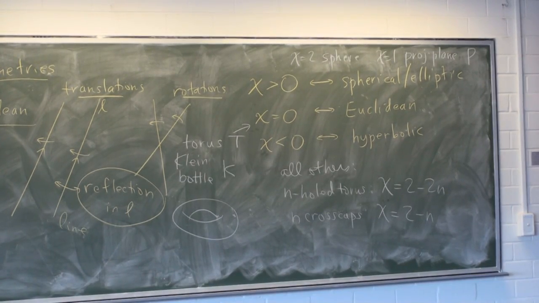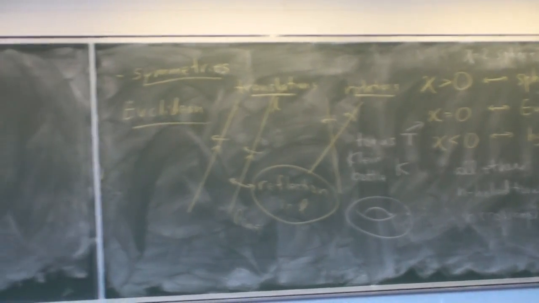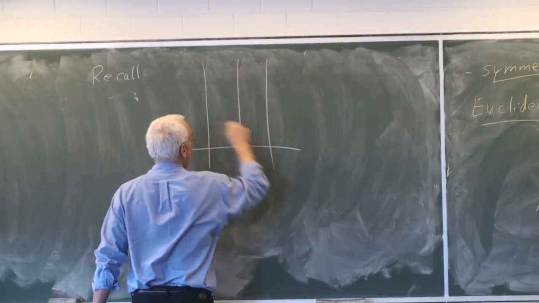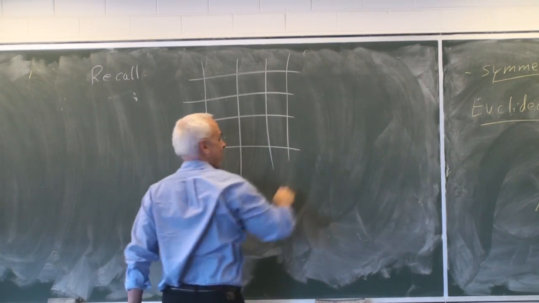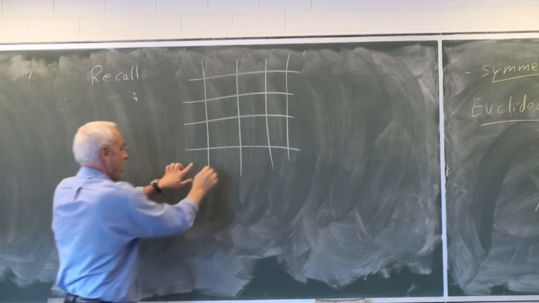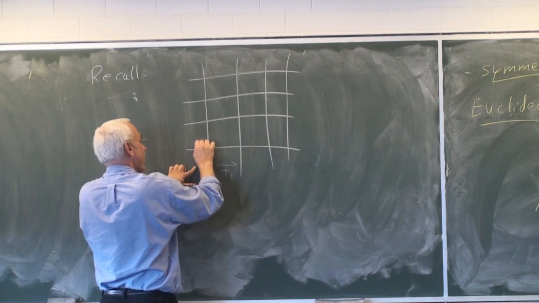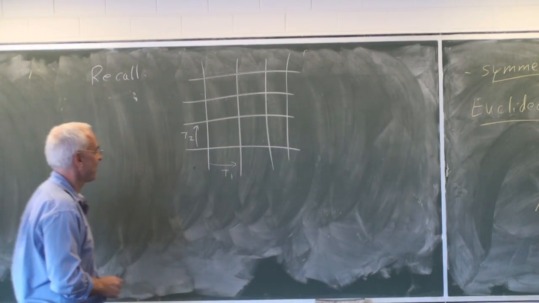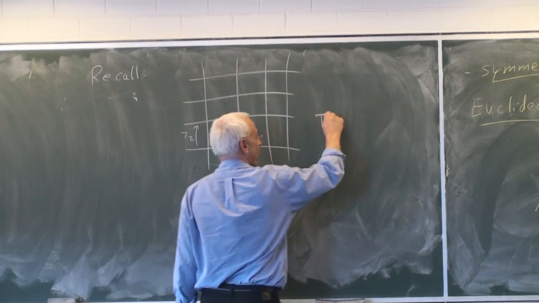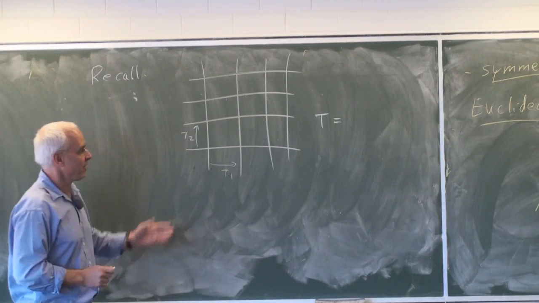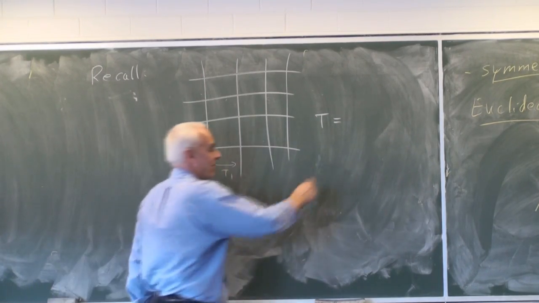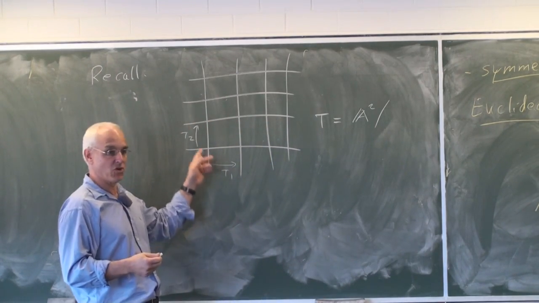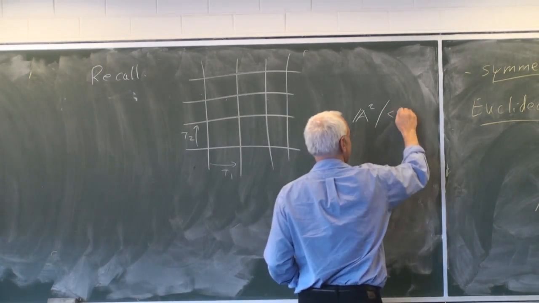So recall that we obtained a torus by taking the plane, lots of squares, and looking at two translations, say tau 1 and tau 2, one unit to the right, one unit up, and that then the torus was the plane modded out by the group generated by these two translations.